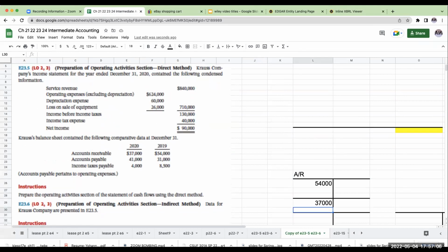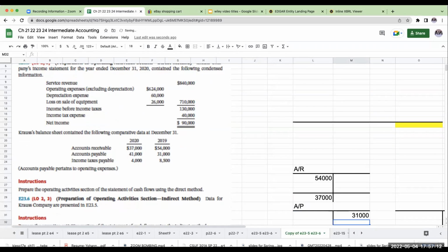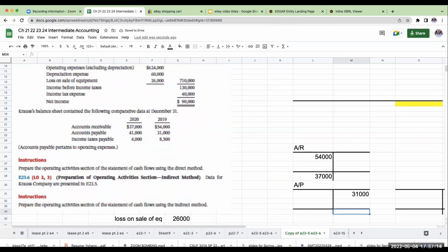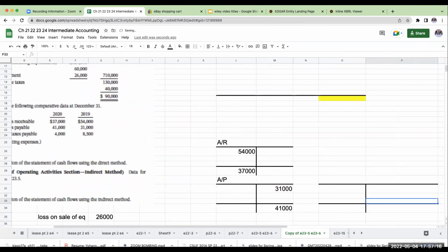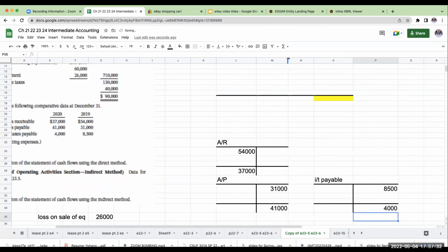Then we have accounts payable, with a credit balance of 31,000 and an ending balance of 41,000. Then we have income taxes payable, with a beginning balance of 8,500 and an ending balance of 4,000. These are the three accounts we have right here.